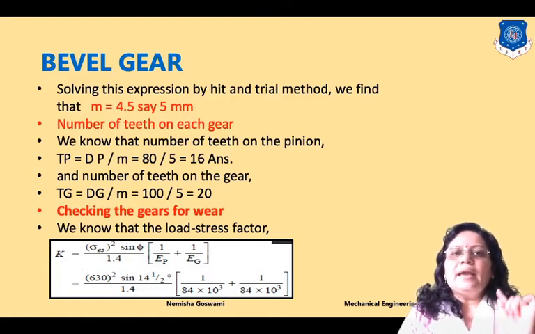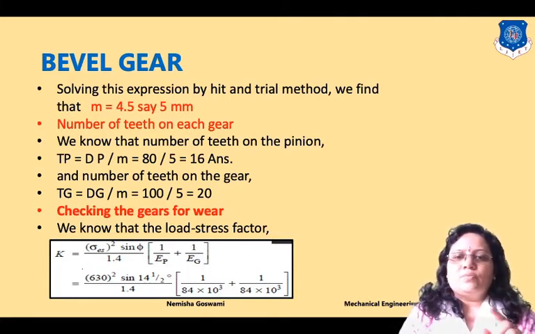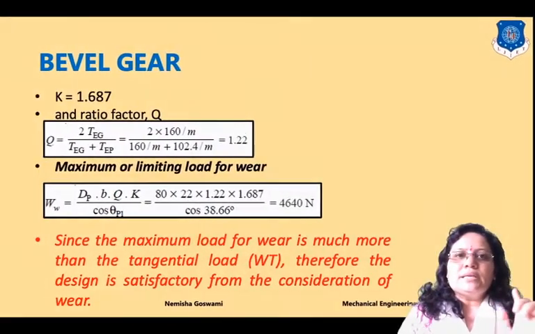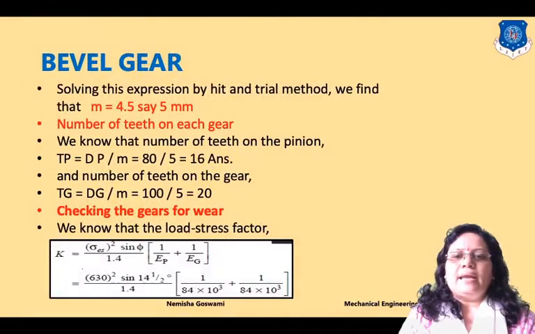So EP and EG indicate the Young's modulus of elasticity for pinion and for gear, and these values are given, so we will put all values in this equation. By using this equation you can find the load stress factor, which is indicated by capital K.